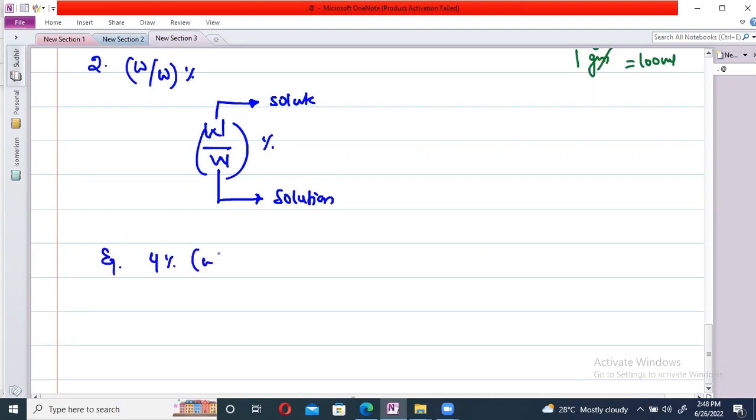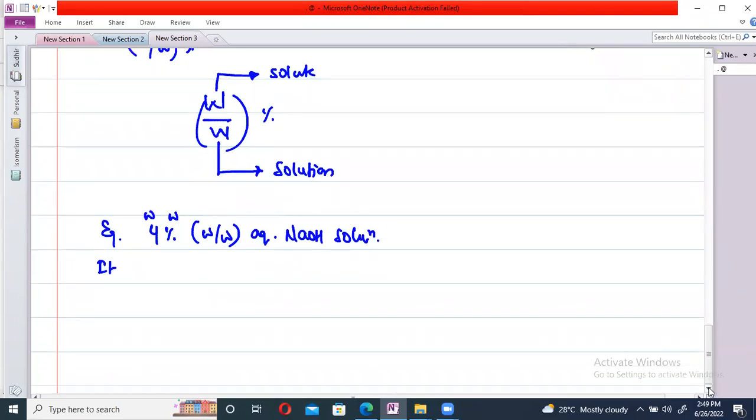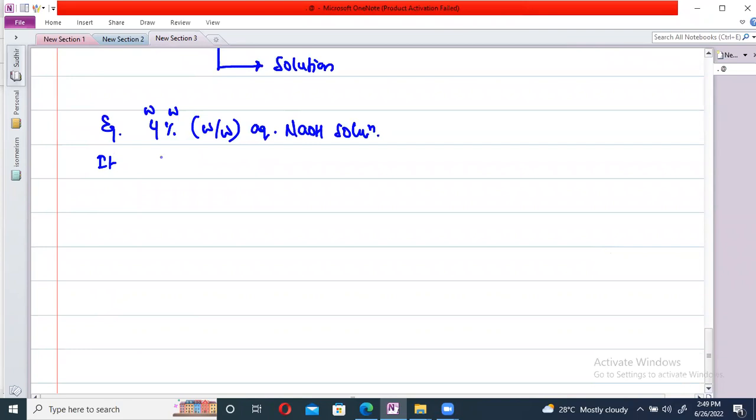Sir, I am having 4% W by W aqueous NaOH solution. I told you the first W is the solute and the other W in the percentage is the solution, because it is the denominator. What does it indicate? It indicates that the first W is a weight, that is 4 gram of solute.